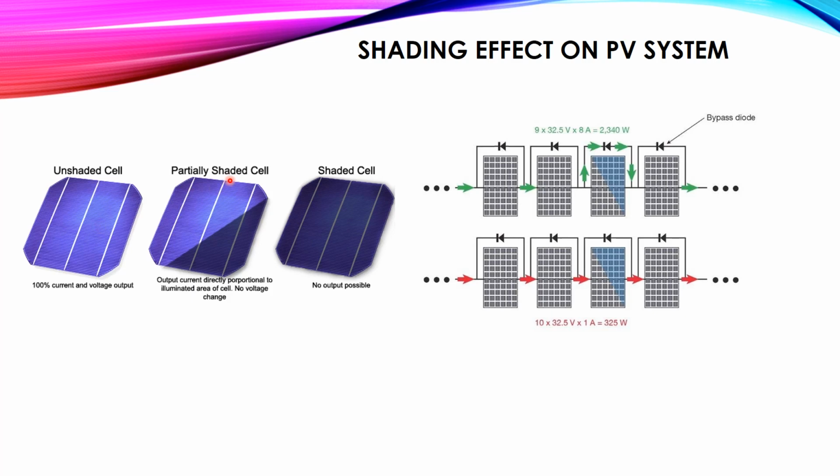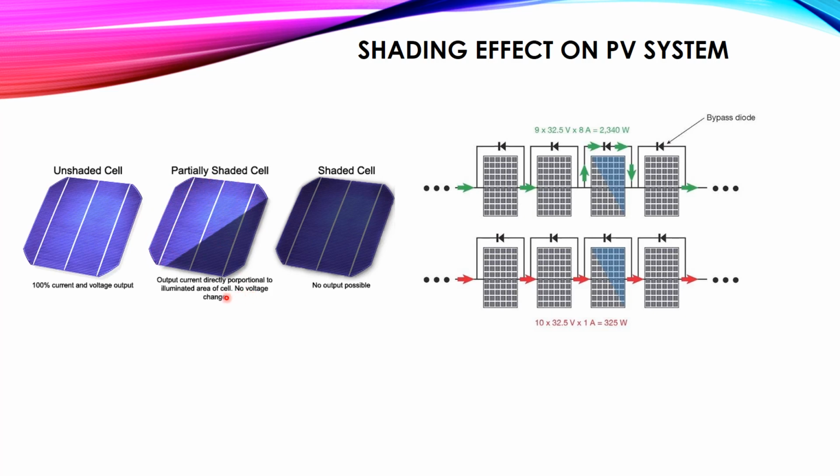Now if we have a partially shaded cell, a part of the cell is shaded by the effect of a tree, leaves, whatever, here you will find that the output current of the shaded cell is directly proportional to the illuminated area of the cell. So according to this area, the power or the current generated depends on this illuminated area, and there is no voltage change.